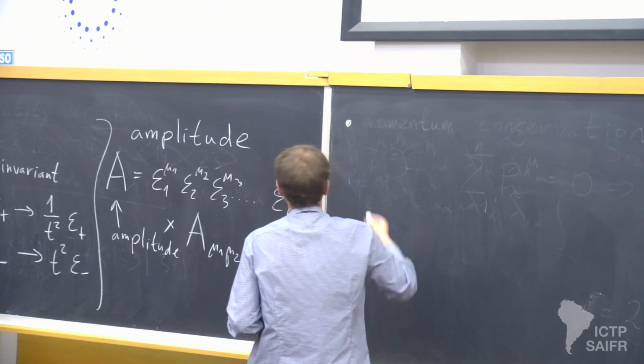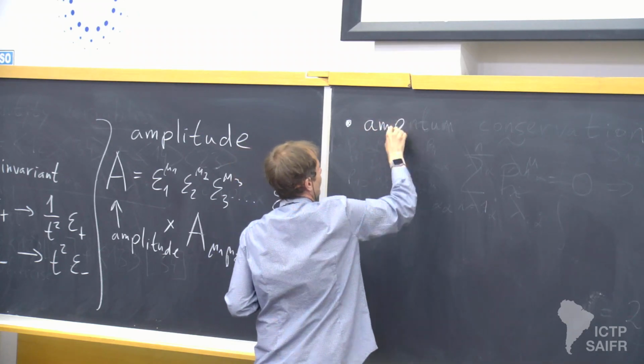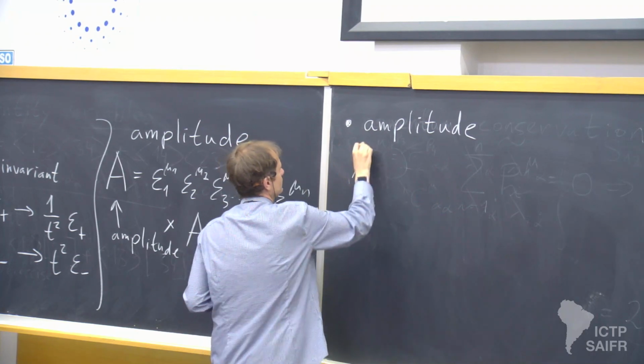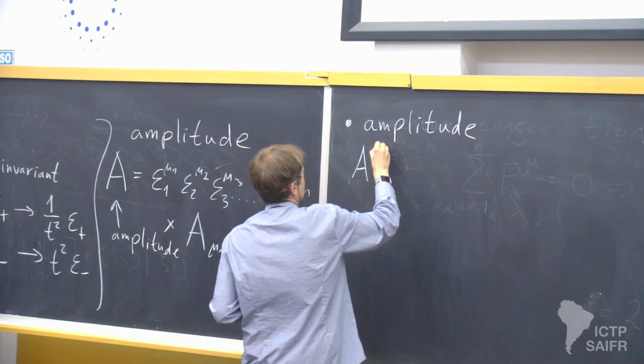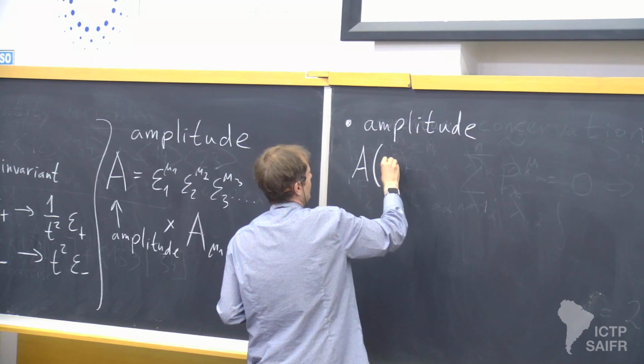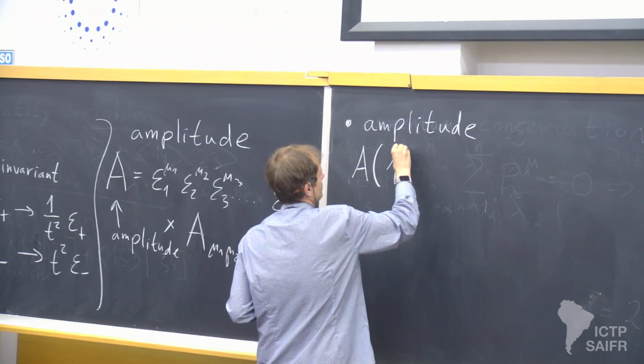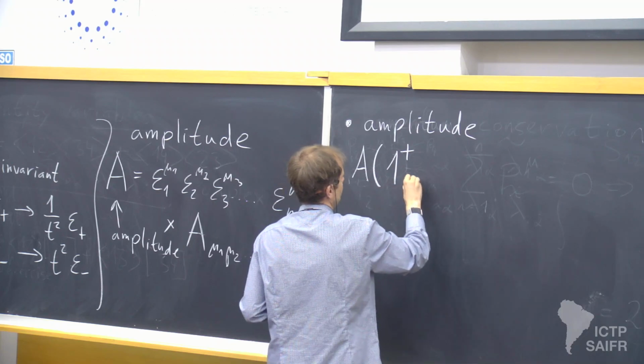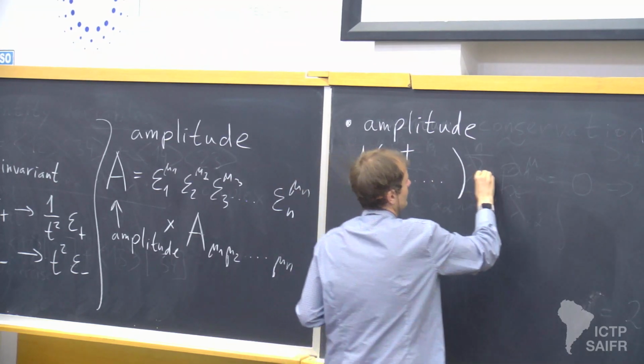So the amplitude for spin 1 particles transforms like this. Suppose that we have particle 1, which has plus helicity, and some other particles.